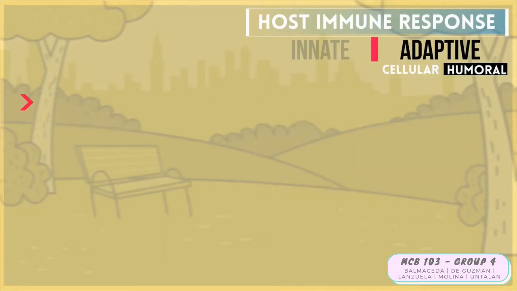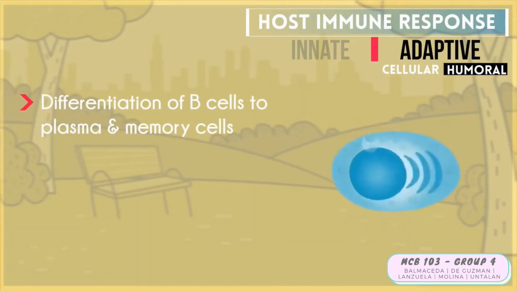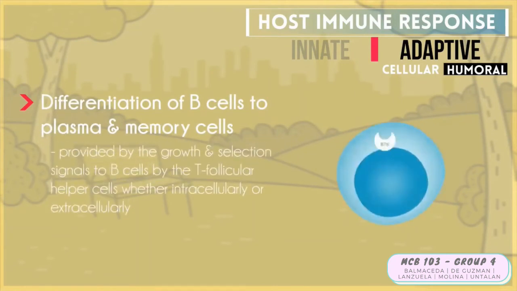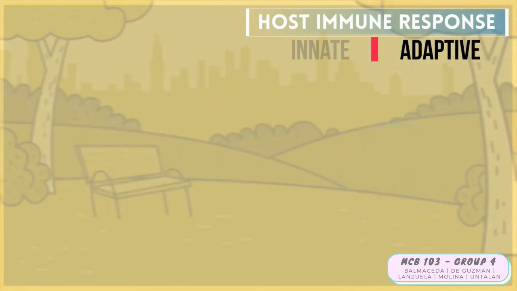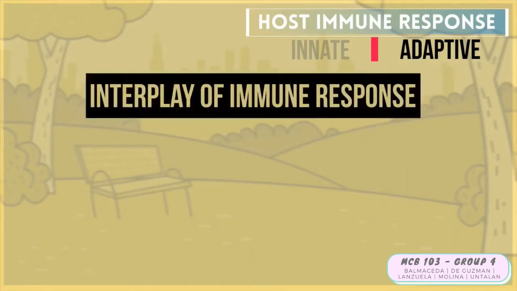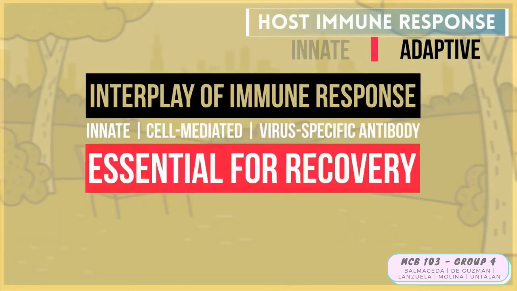Moreover, the differentiation of B cells to long-lived plasma cells and memory cells is provided by the growth and selection signals to B cells by the T follicular helper cells, whether intracellularly or extracellularly. In summary, the interplay of host immune response, including the innate immune elements, cell-mediated immunity, and the virus-specific antibody response, are all essential for the recovery from rabies virus infection.